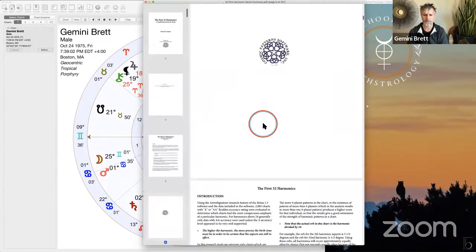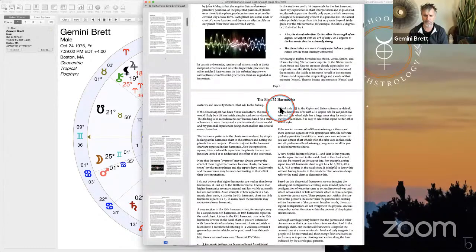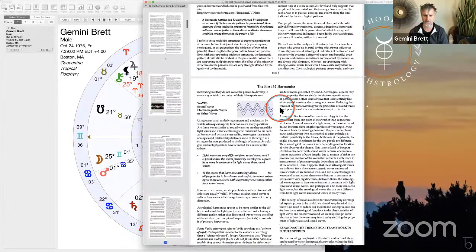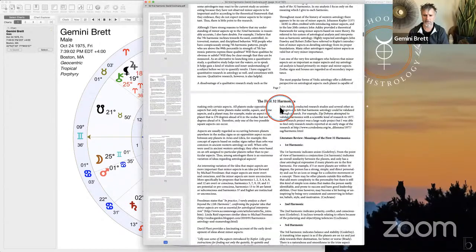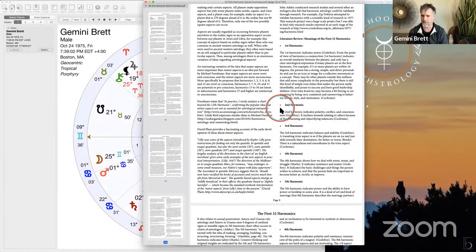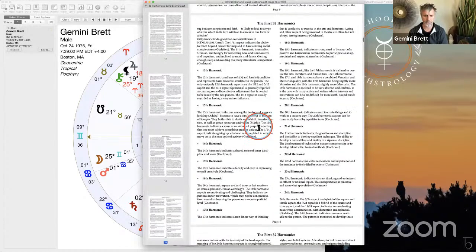David at first goes through a little bit about what harmonics are, and then he gets into some transmissions about what others have said about these particular harmonics. Let's just go to 13, since our quest has brought us there.